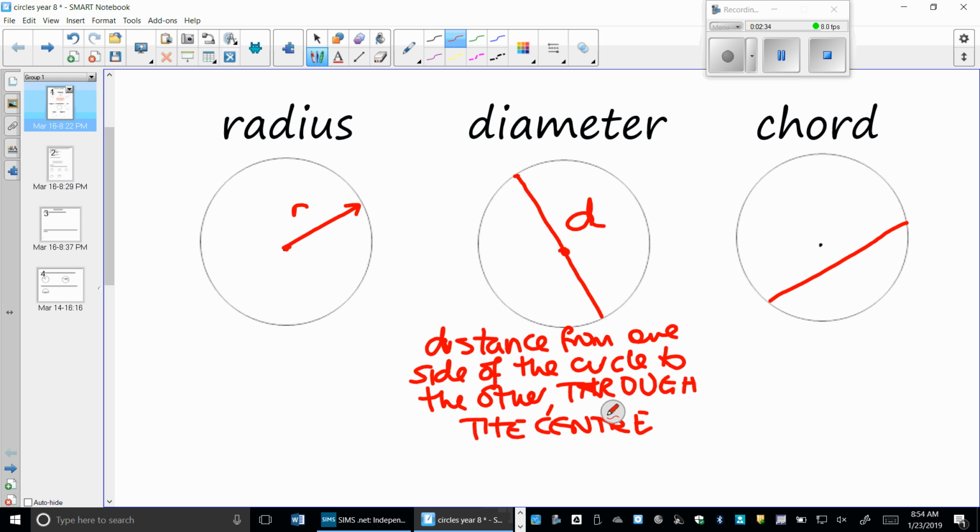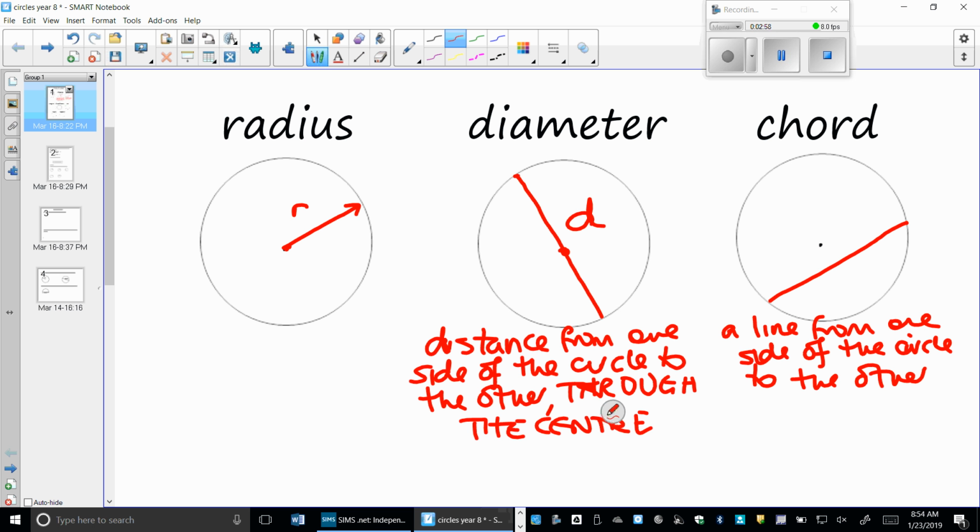So a chord is a line from one side of the circle to the other. So it's a line that cuts the circle up. Now, you may notice that that description is very similar to the diameter, yes?